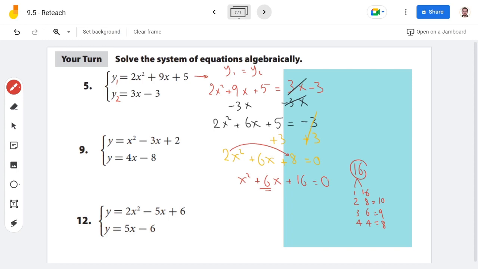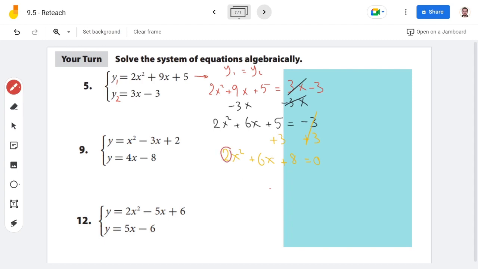So what do you think we can do here to factor this? If you remember in 9.4, if you can't factor, let's use the quadratic formula. First, let's find the discriminant.